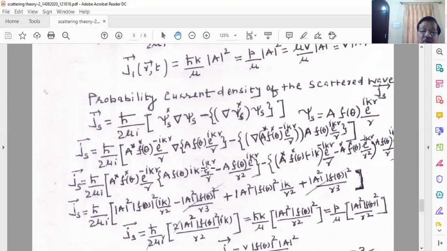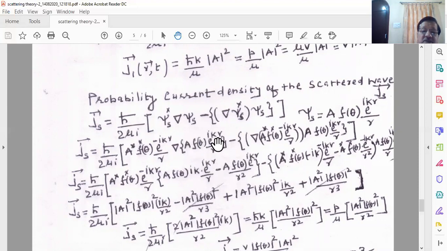Now you have the second factor. For the second factor, you differentiate 1 upon r. Differentiation of 1 upon r with respect to r is minus 1 upon r square. So there is a minus sign, and that's why I'm keeping a minus sign. I keep 1 upon r square, and the remaining factor is A f(theta) e to the power of i k r.